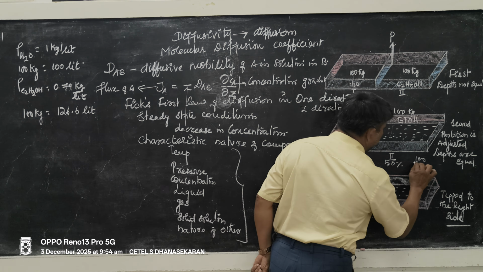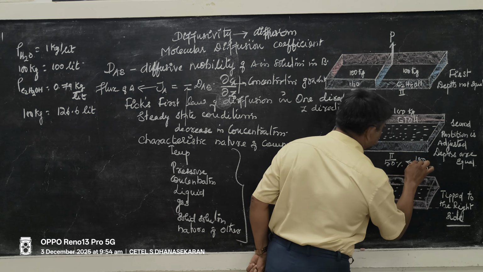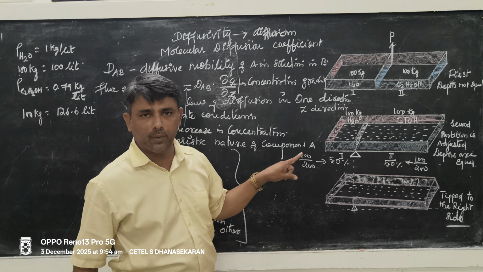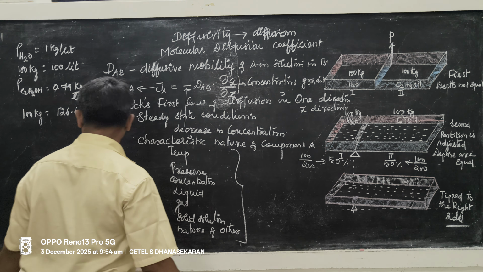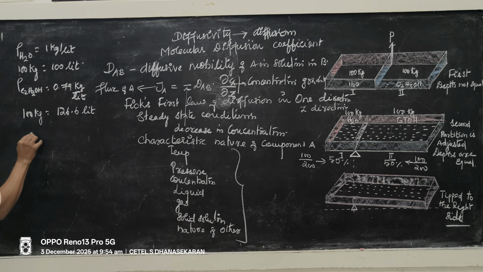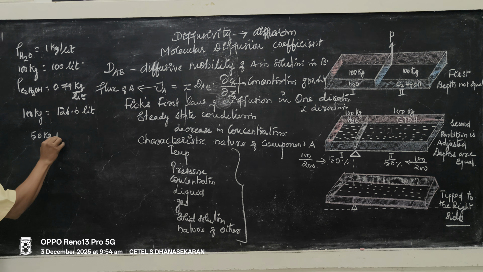This side 100 divided by 200, hence 50%. Again, I am going to perform the calculation on this 50 mass percentage basis. 50% means 50 kg water. Similarly, 50 kg ethanol.